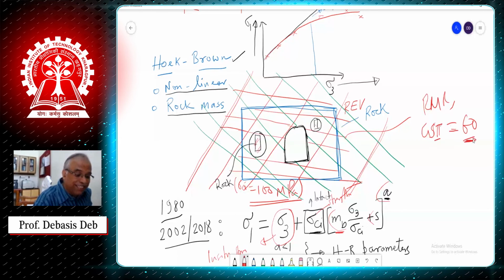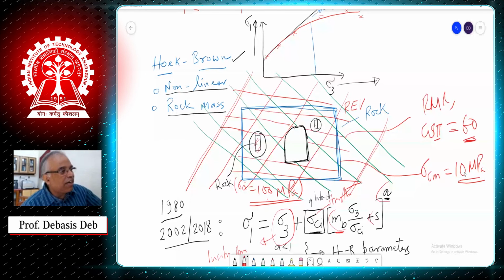Now even if it is 60, based on this equation, it is showing me the strength of this blue box, the strength of this sigma Cm, will be about 10 MPa, sorry, not 100 MPa, which is a reduction of 90% just in the presence of these joints where GSI is 60. So you can see 90% of the strength of the rock is gone if your GSI or RMR is 60.